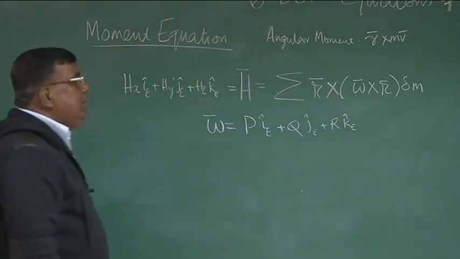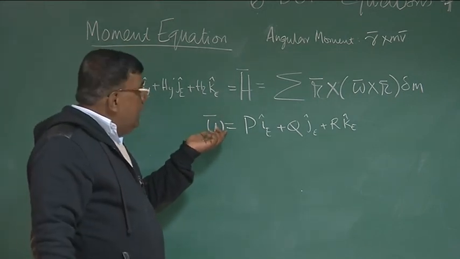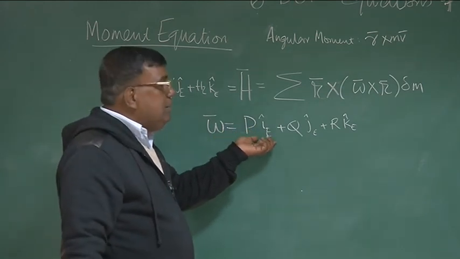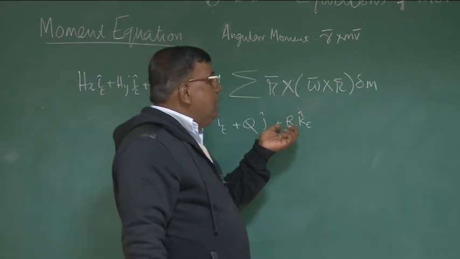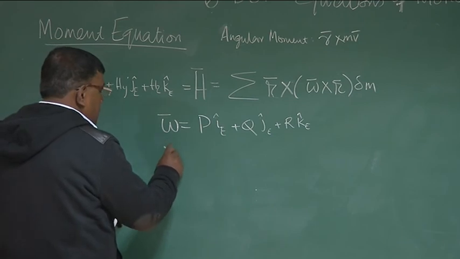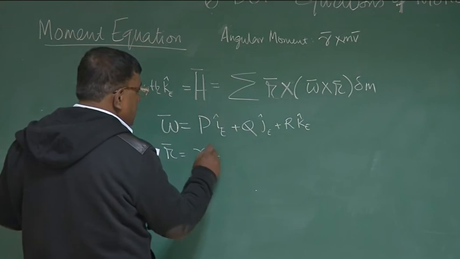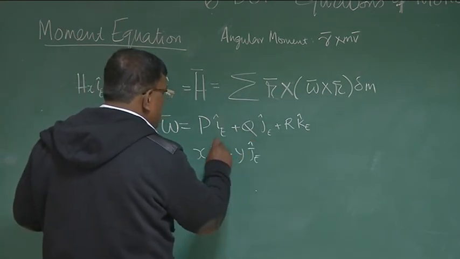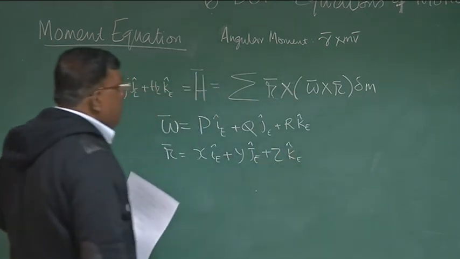What is the meaning of this expression? This is the angular velocity which has a component P along Earth's fixed x-axis, Q along Earth's fixed y-axis, and component R along Earth's fixed z-axis. Similarly, I can write r as x i plus y j plus z k bar.